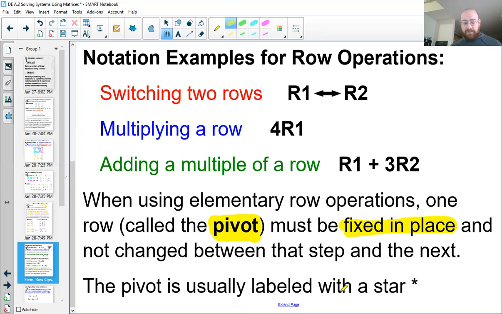So if we have 3 rows in our matrix, we can change 2 of them using the third, but that third one must remain unchanged. We usually label our pivot with a star or an asterisk or a similar symbol so that we are aware what row is changing and how, and what row isn't changing and why not.